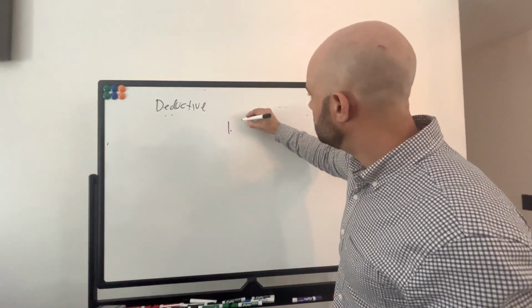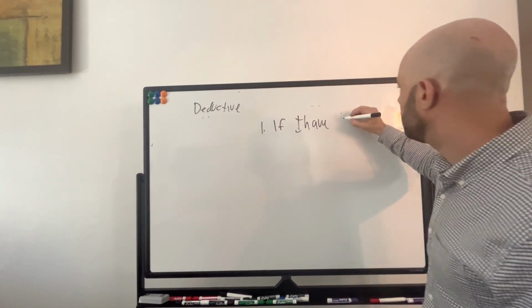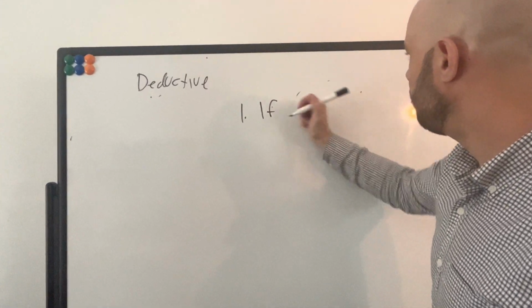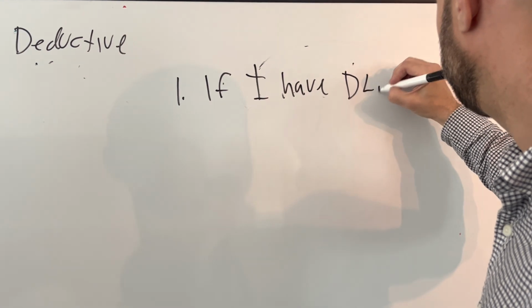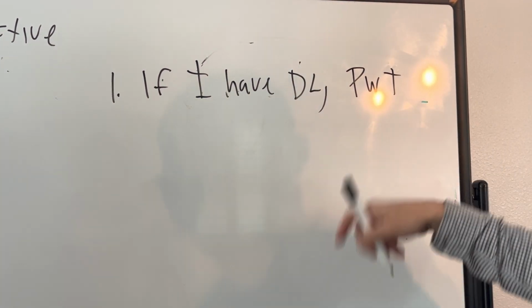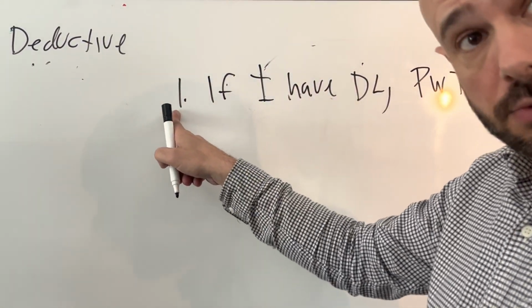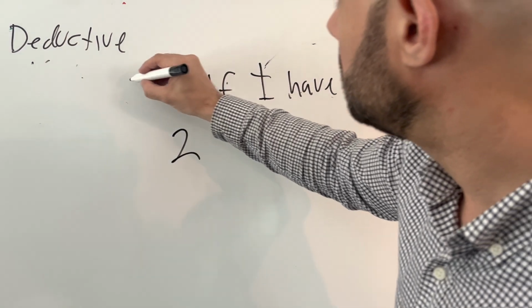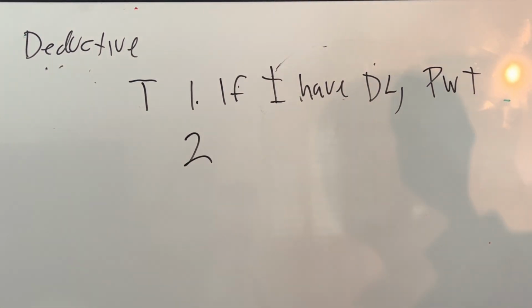So consider this. If I have my driver's license, then I passed the written test. Now imagine this is true. This is a premise. Remember, this is part of an argument. So say this is true: if I have my driver's license, I passed the written test.